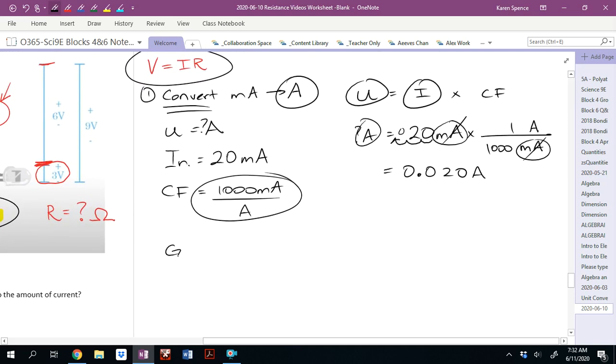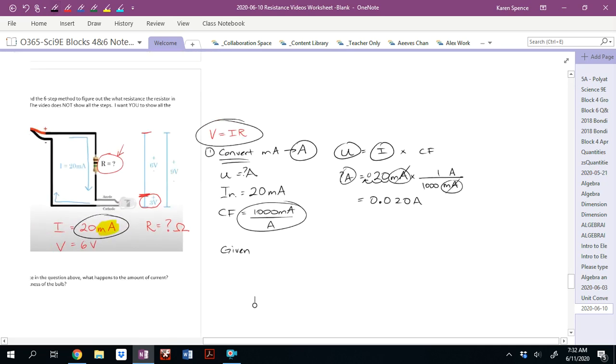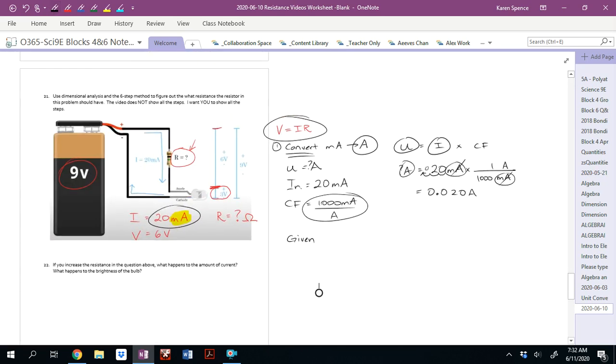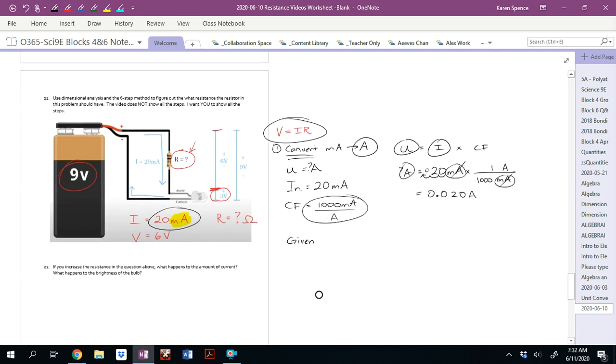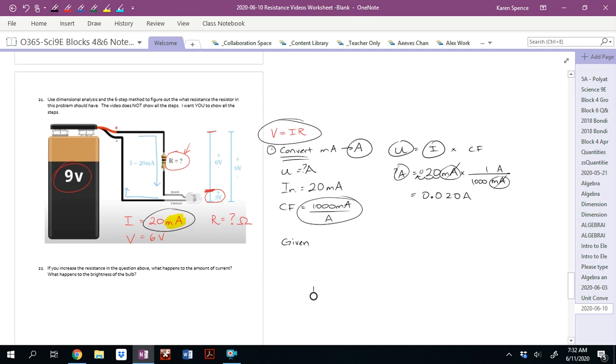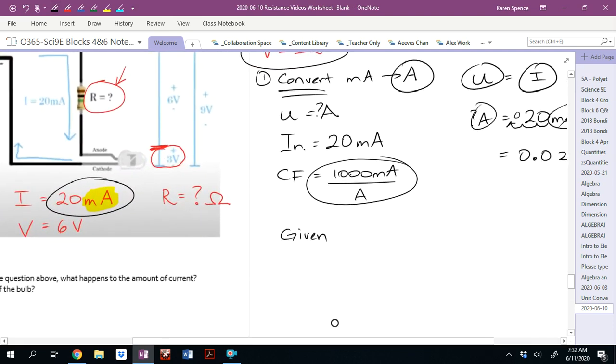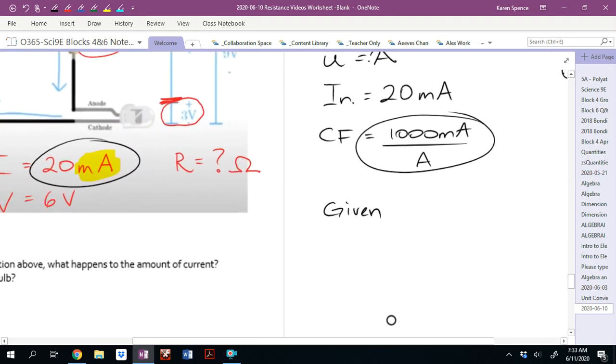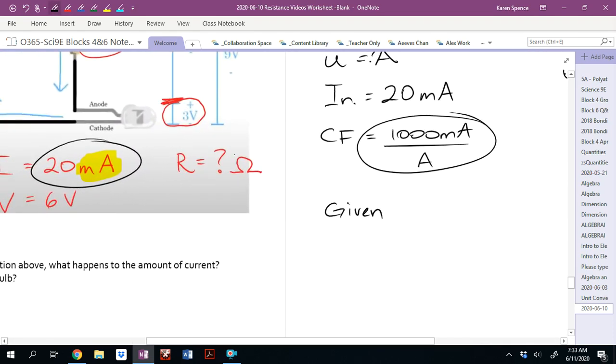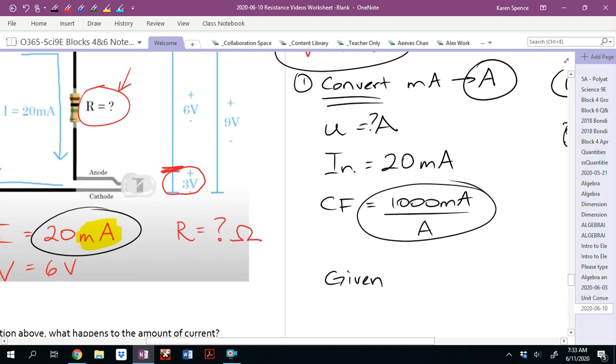So now we're going to say we are given, let's see, what does it say? What resistance should this thing have? Well, we have 6 volts, right? 6 volts are used up over that resistor.